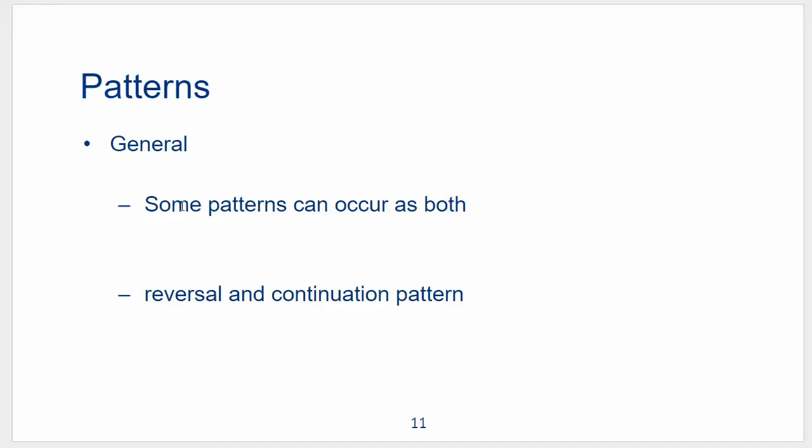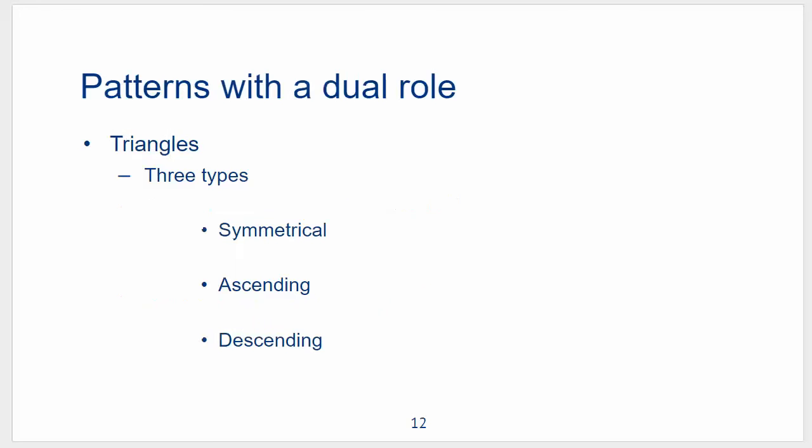Now, as I've mentioned, sometimes some of these patterns can occur as both a reversal or a continuation. And that's where we start to think about triangles. Triangles have a dual role. They can be either continuation or reversal patterns.